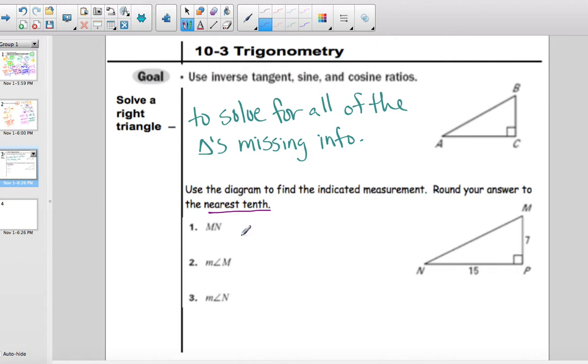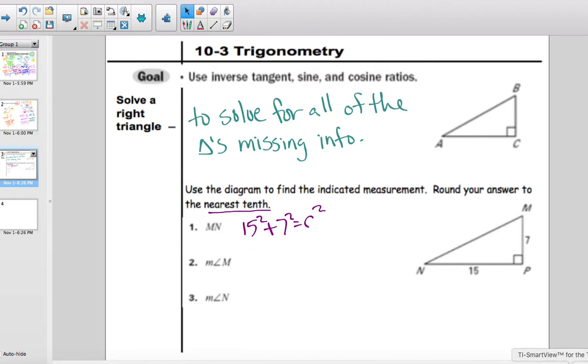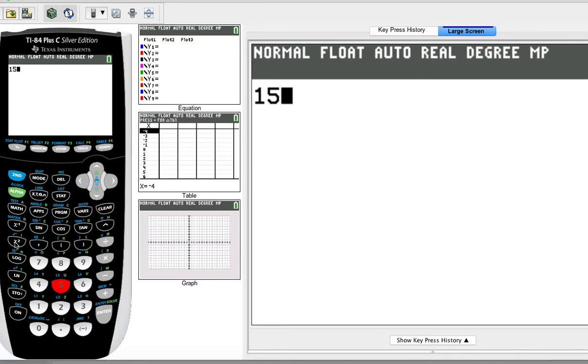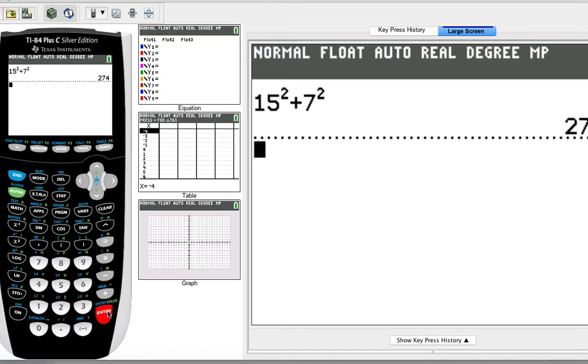MN is found with the Pythagorean theorem. So 15 and 7 are the legs. So we're going to do 15 squared plus 7 squared equals c squared, and then solve for c. As we solve for c this way, let's go to the calculator. 15 squared and 7 squared, because they were my legs, enter, and then square root that.